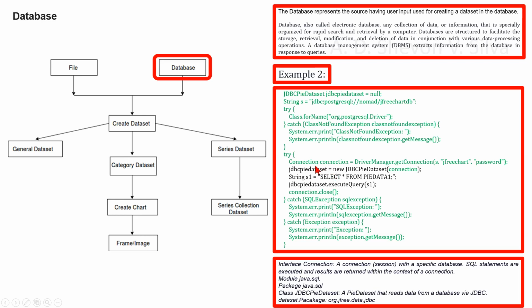The interface Connection is in module java.sql and package java.sql. The class JDBCPieDataset, a pie dataset that reads data from a database via JDBC.